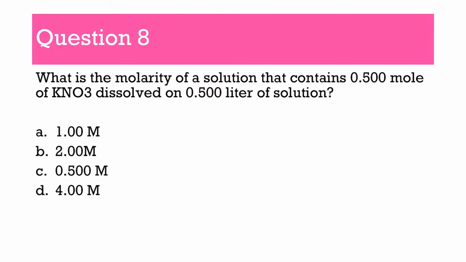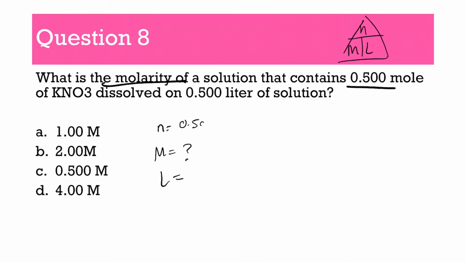Okay, number 8, what is the molarity of the solution that contains 0.5 moles KNO3 dissolved in 0.5 liters of solution? Again, our molarity triangle, molarity, moles over liters. So we have n, we have M, we have L. What is the molarity? If it says molarity or concentration, we're looking for that. 0.5 moles, 0.5 liters.